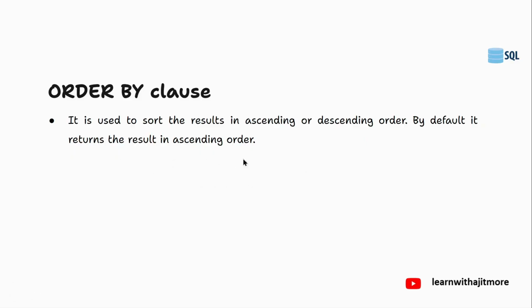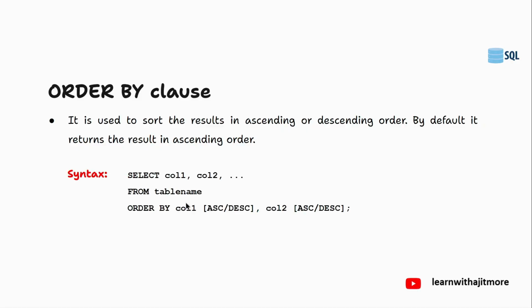By default, it is always ascending. By default, it will arrange in which manner? Ascending manner. Syntax you can see. Select column name from table name, order by, and if you are using limit, now you have to do it afterwards. After order by, then only limit.